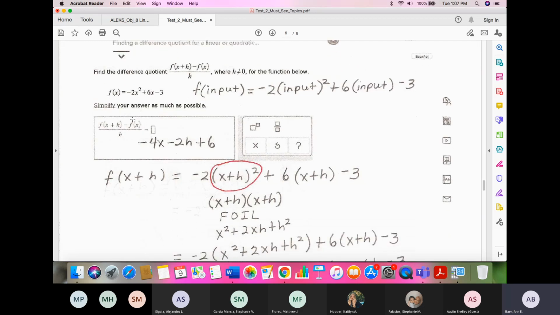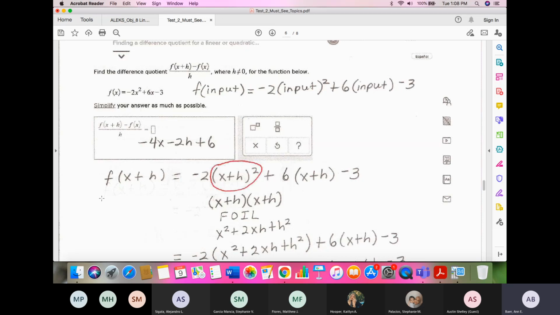So we are now going to break this job down. We want to find the difference quotient. We're first going to find just f of x plus h. So that means when we find just f of x plus h, our inputs, what's in parentheses here, which is x plus h, that means we are putting in x plus h for this and this.